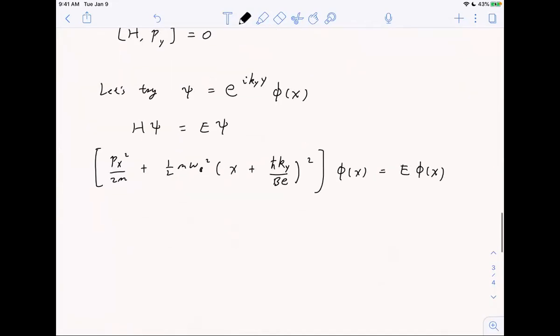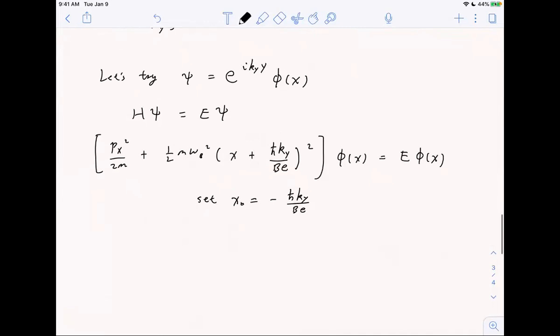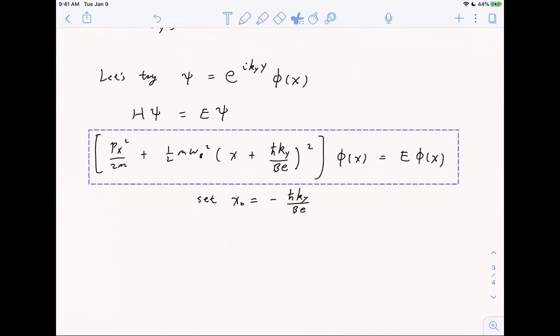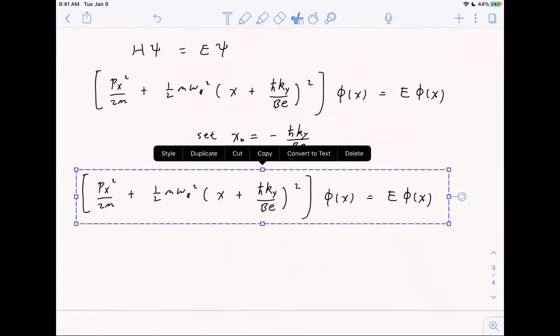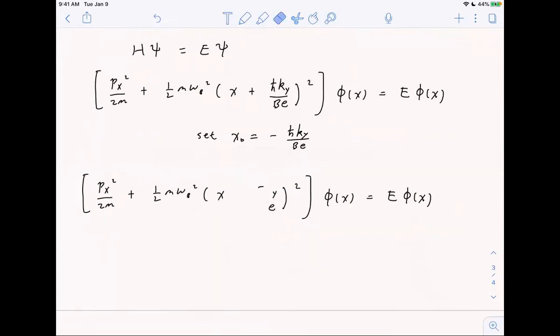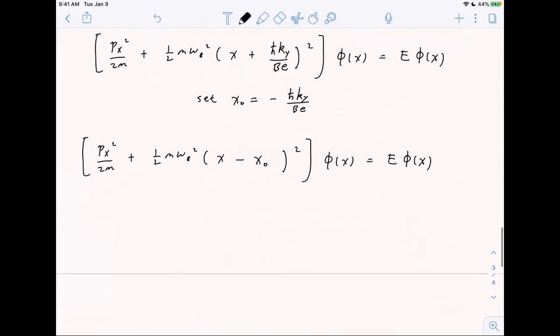Okay. So you can set x0 as negative. You can set this. Then this equation will become this.